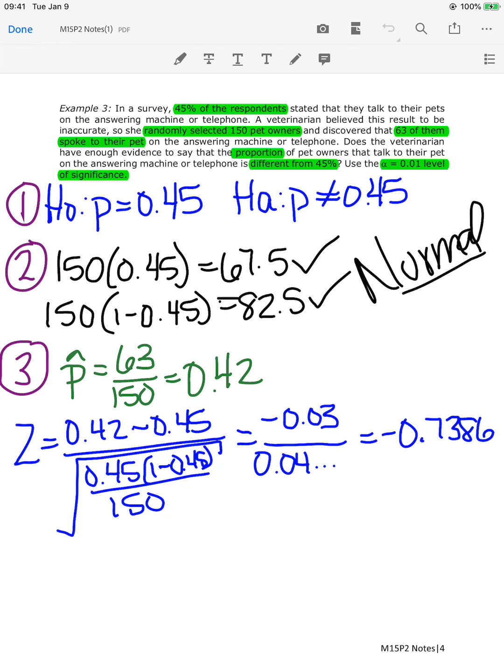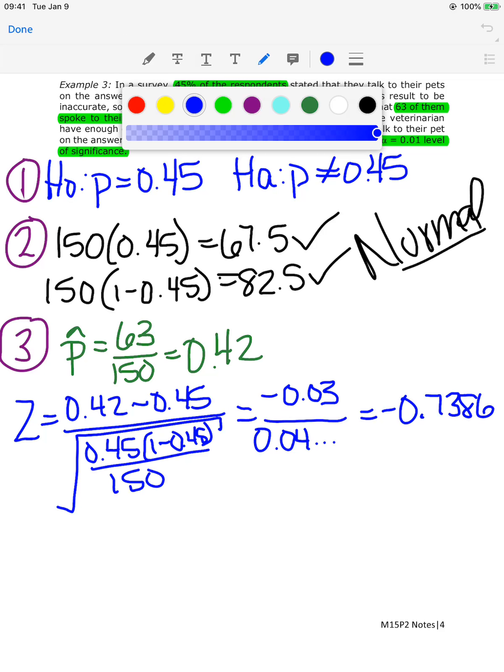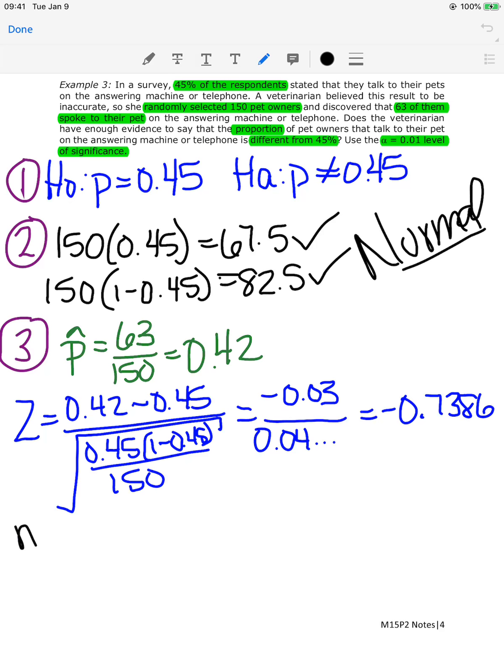All right, now this is where this gets a little tricky. This is just the case where it was too low. So what we're going to do is our normal CDF. And because I got a negative z-score, I'm going to treat this as if it were left-tailed.